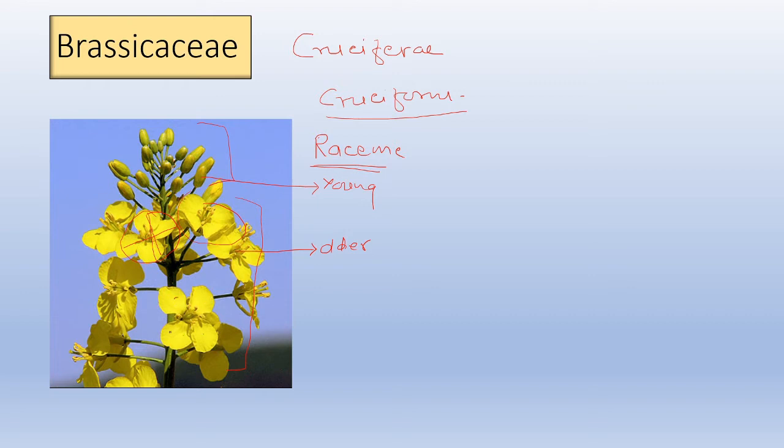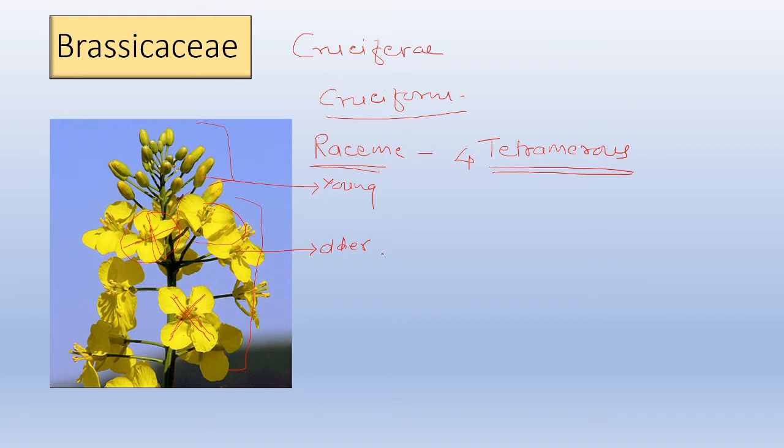Four petals are present, and these petals are arranged in an opposite or crisscross manner. So in case of the Brassicaceae, the number of petals and the number of sepals are 4 in number. So this flower is known as the tetramerous flower. That is again one of the important characteristics of family Brassicaceae.